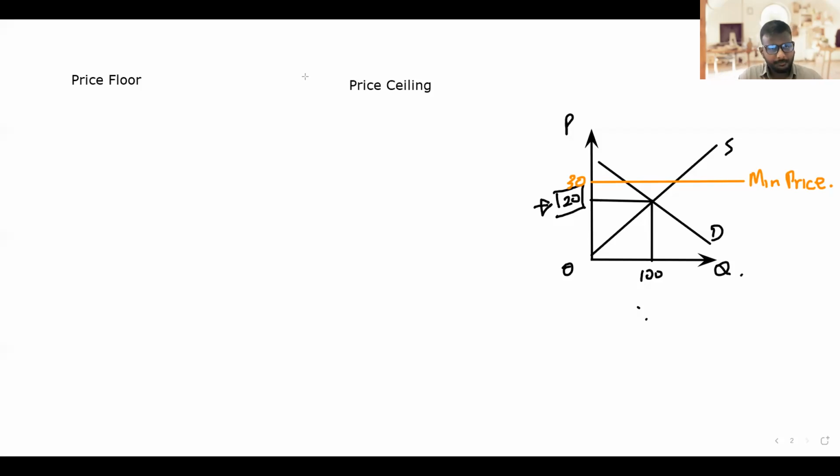Right? An example for minimum price: regularly the government sets something called minimum wages, or minimum salary, for labor. That is one example of government setting minimum price.